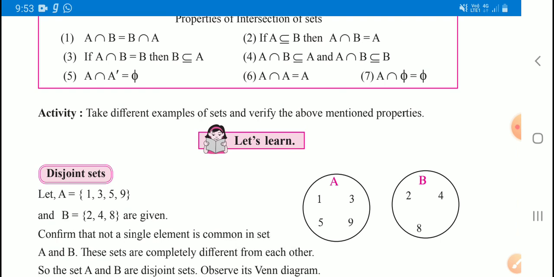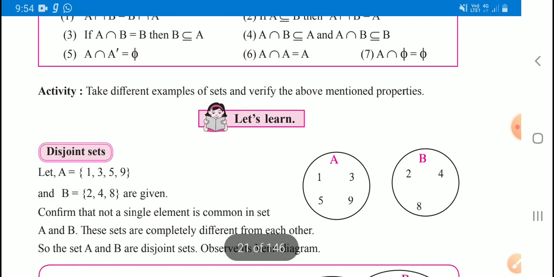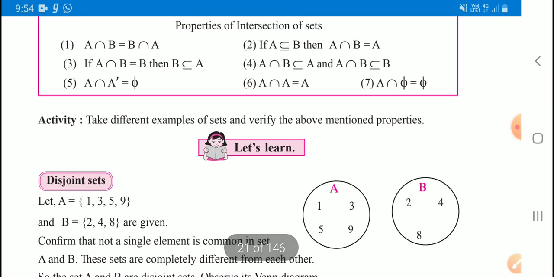Now the next, sixth property, is A intersection A is equal to A. A is one set, and if we take the intersection of the same set, that particular set only will come. So A intersection A is equal to A, means in both the sets the common elements are the same.